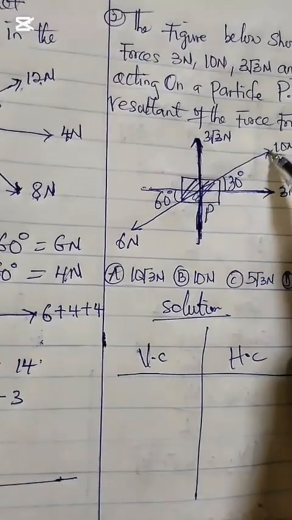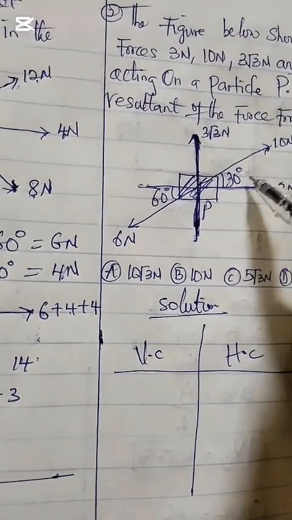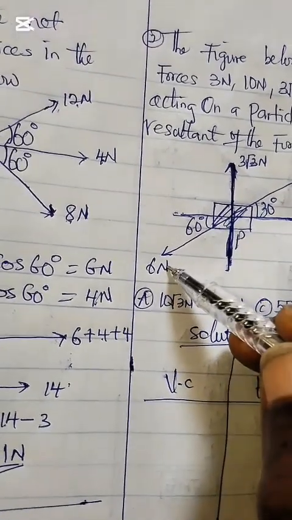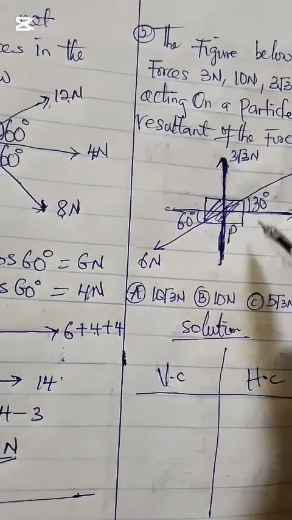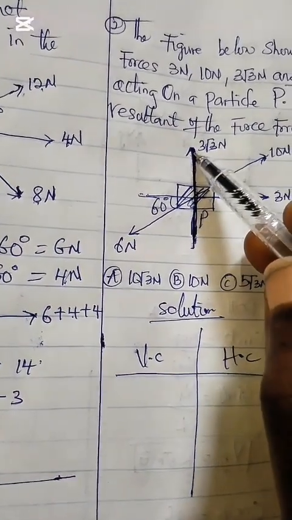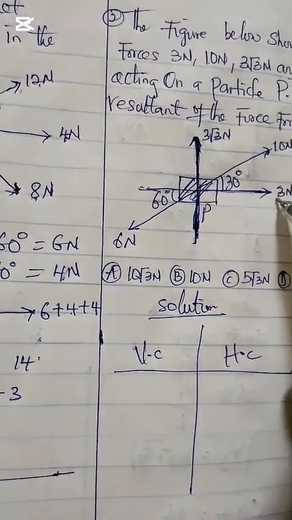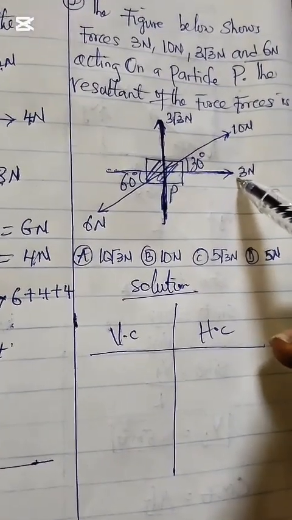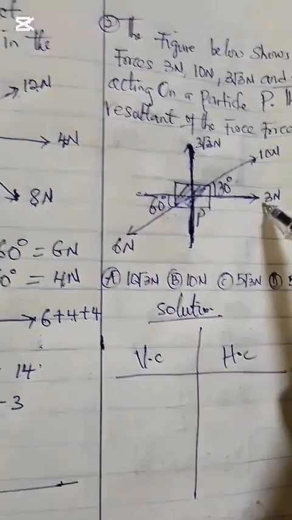So this particular 10 Newton, the angle of inclination is 30 degree. And the 6 Newton, the angle of inclination is 60 degree. So what will now be the angle of inclination of 3 root 3 Newton? The angle of inclination will now be 90 degree. And this will be 0 degree, or you can use 360 degree. So what do I do now?